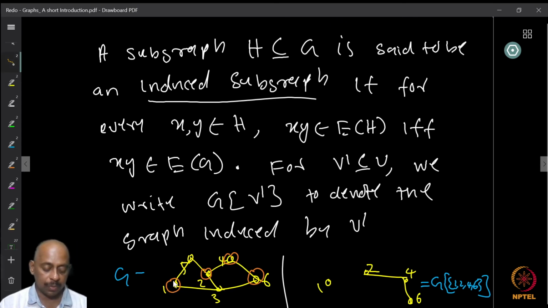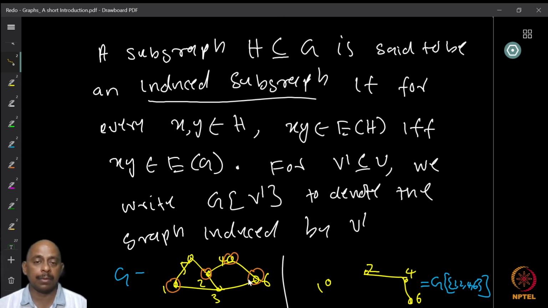Now, since I am looking at an induced subgraph, the edges will come directly from G itself. So I mark 1 here as vertex 1, and then I take 2. Then I have 4 and 6.